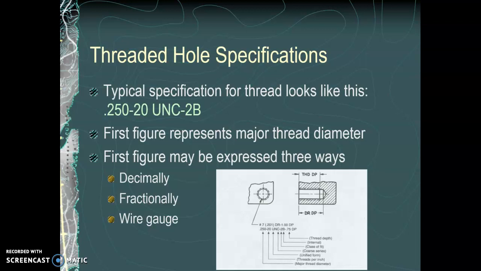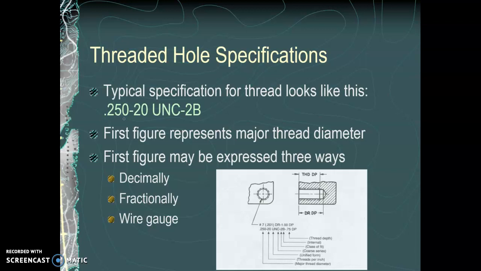If we had a hole that was 1 inch deep, it would have 20 threads. UNC indicates the thread series. This is Unified National Coarse. It has a fit of 2B. We'll look a little more closely at what all those things mean here.